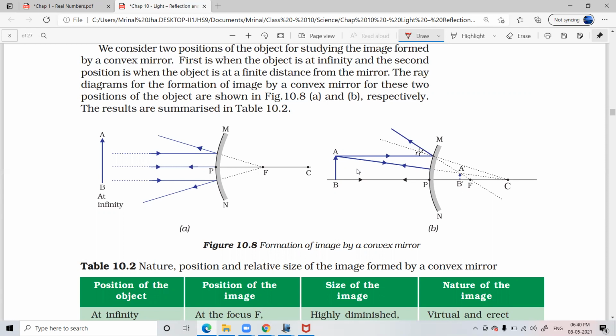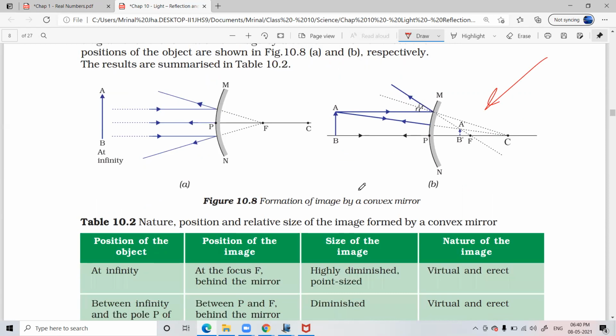They are all convex mirrors. Whether it's a car or a bike, whatever rear view mirrors you have, they are always convex. Okay.